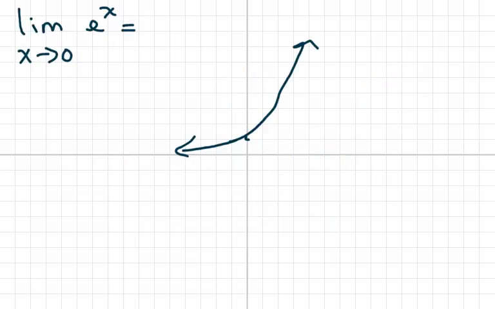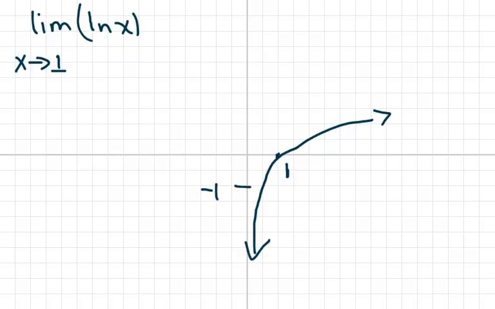Okay, our e to the x function, we want to approach as x approaches 0. So as x approaches 0, from here, this is your 0. When we go to the x value here, we go to 1. And when we go from the right side, we still get 1. So our answer is 1.